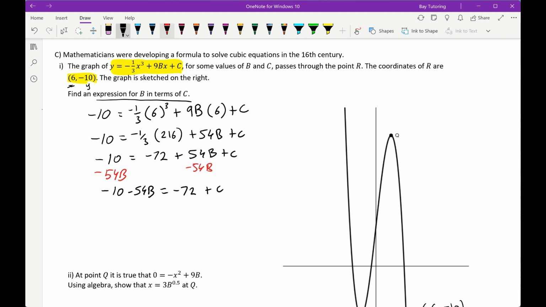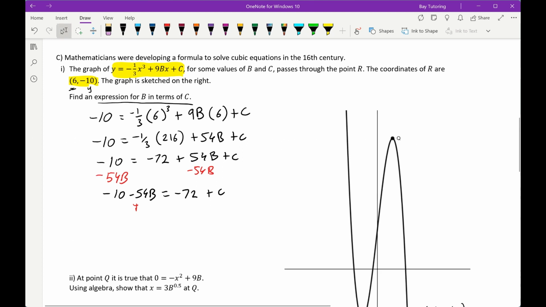Again, our objective is to get b by itself, so we just want to move things away from it until it is by itself. So we'll add 10 next. It's always best to move terms that are added or subtracted before doing any division.